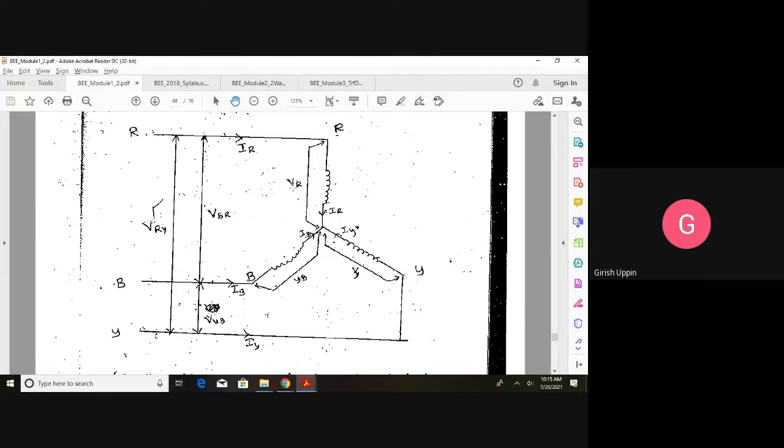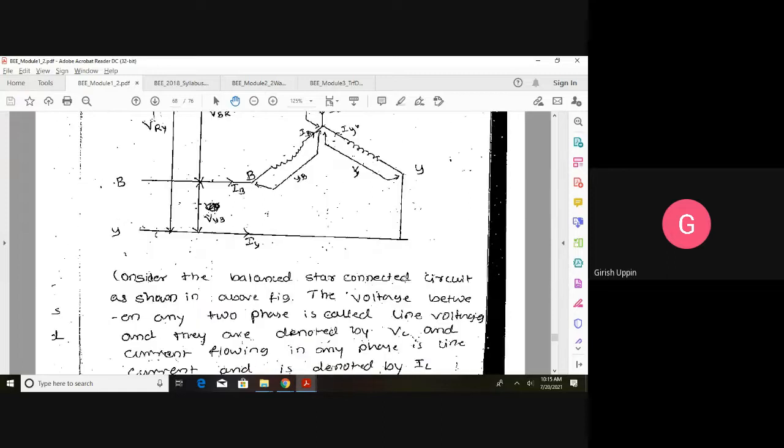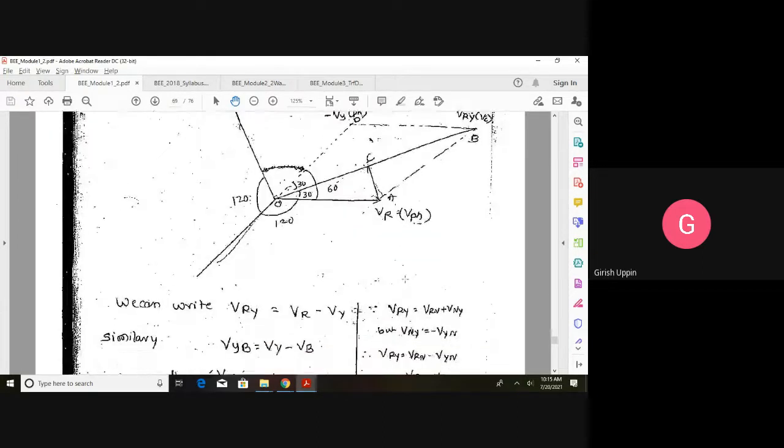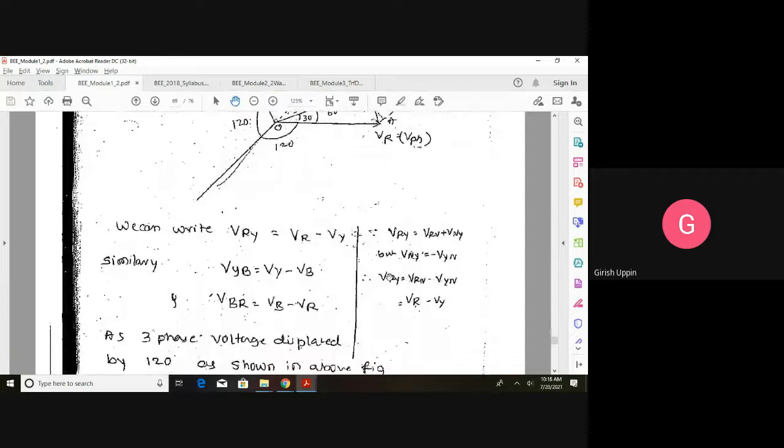This VR can be represented as VRN, this is VYN, and this is VBN. So VRY is equal to VRN plus VNY. Remember that, and we'll go back to the phasor diagram. But the phase voltage is VYN, so we have to take the negative of that, because VNY is equal to minus VYN.